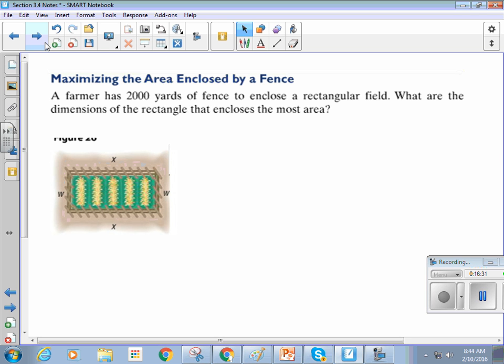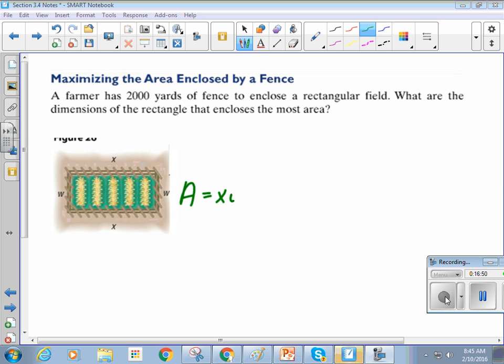We're using X for the length and W for the width of our rectangle. So we're going to use area of a rectangle. That's one of the equations we're going to use. But what other equation do we need to employ?